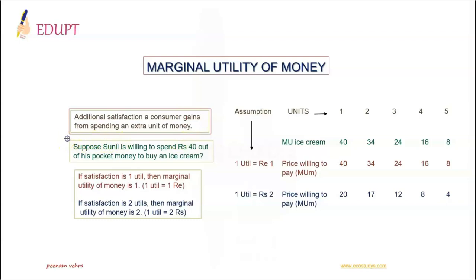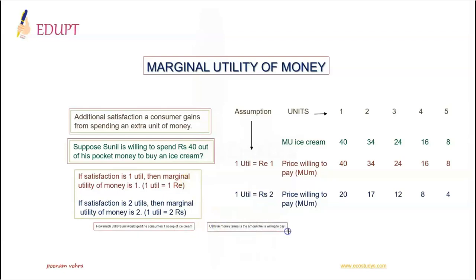Now suppose Sunil is willing to spend rupees 40 out of his pocket money to buy an ice cream. It is same as saying that how much utility Sunil would get if he consumes 1 scoop of ice cream. Because utility in money terms is the amount he is willing to pay.